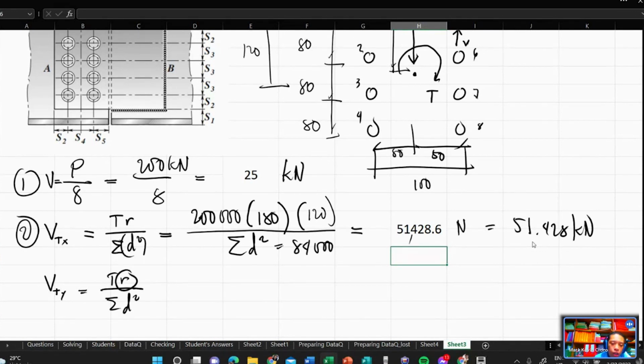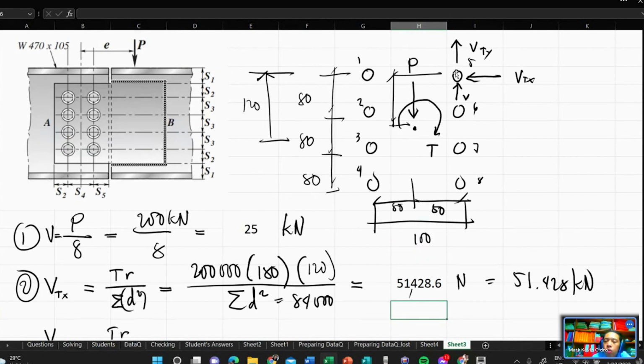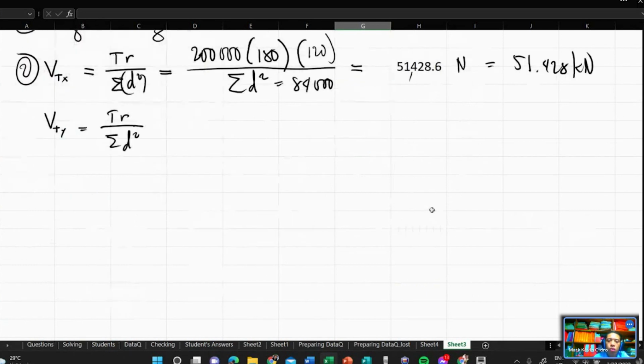Your R here is the perpendicular distance of the bolt from the centroid of the bolt group, along the x for VTY. That distance is 50.